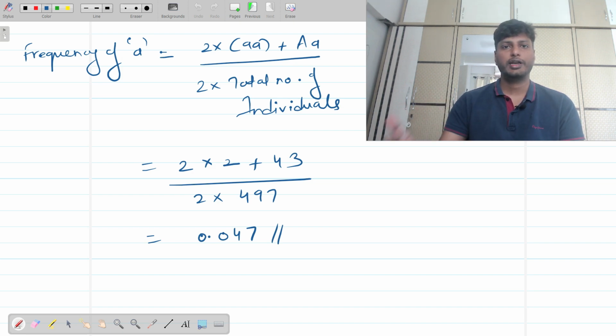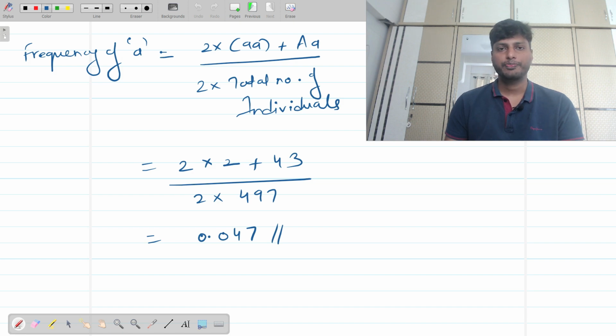The other is the formula directly, as we can see here, by finding out the number of individuals having that particular respective allele. In case we have to find out the frequency of a dominant allele, we can use the formula 2 into the number of homozygous dominant individuals plus the heterozygous individuals, divided by 2 into the total number of individuals.